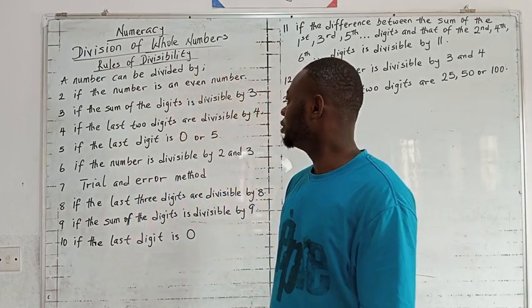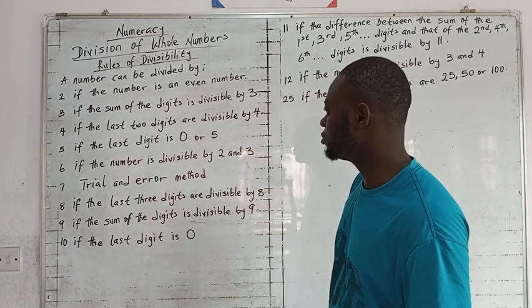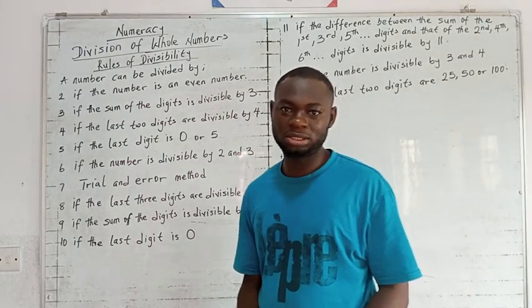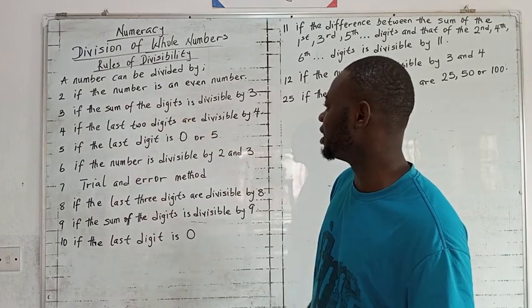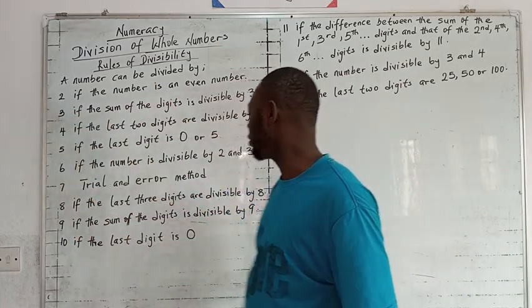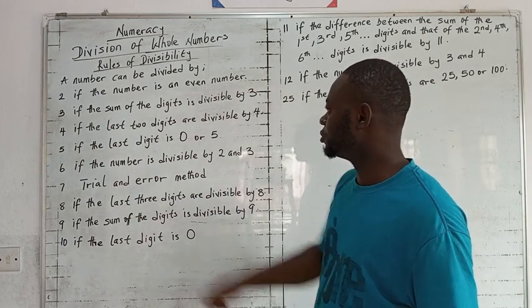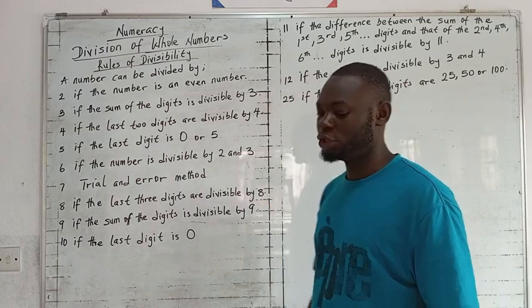Okay? So, here on the board we have some of the rules of divisibility, which are basically the most important rules. So, we say that a number can be divided by 2, by 3, by 4, up to by 25. A number can be divided by 2 if the number is an even number.